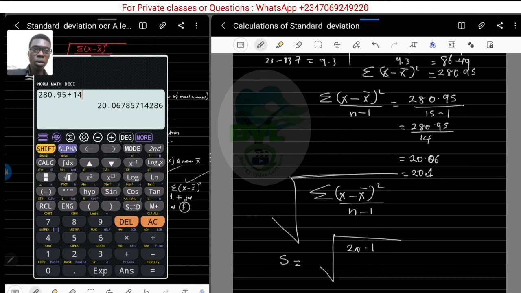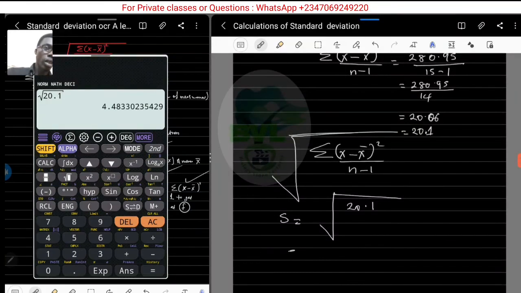So let's do that now. The square root of 20.1, and so our final answer, our standard deviation, is equal to 4.48, or 4.5.